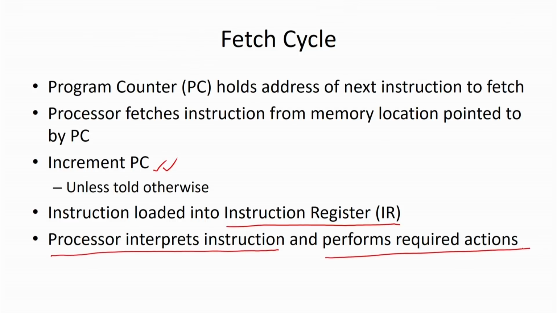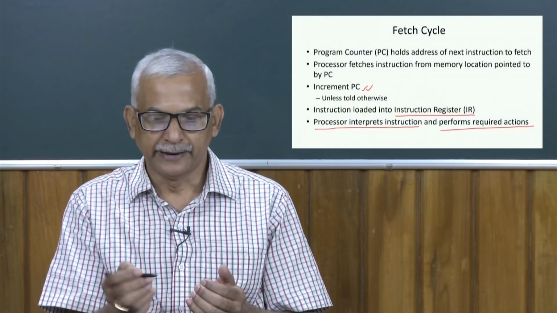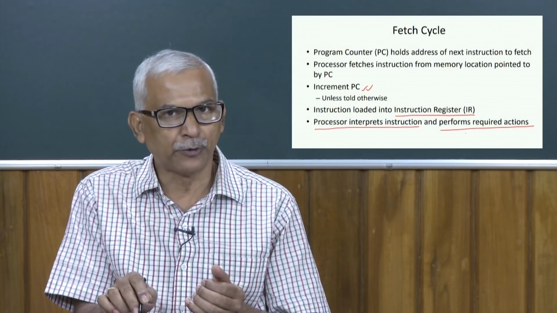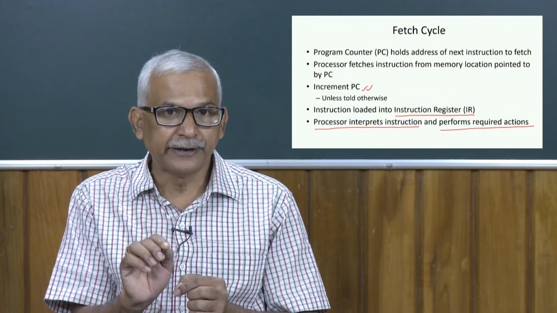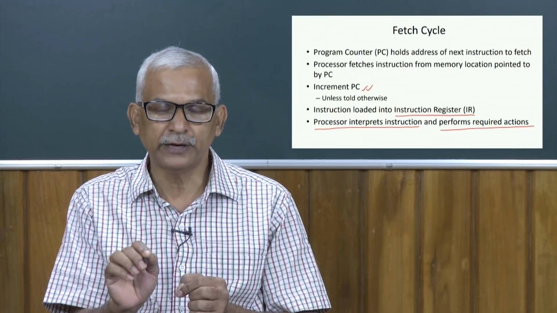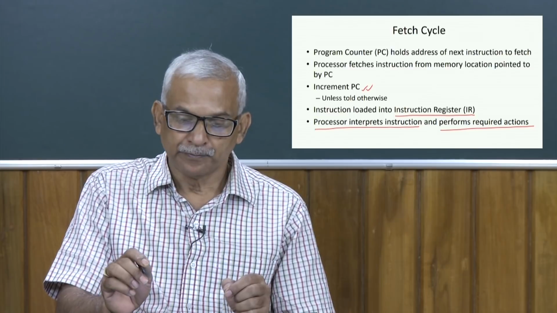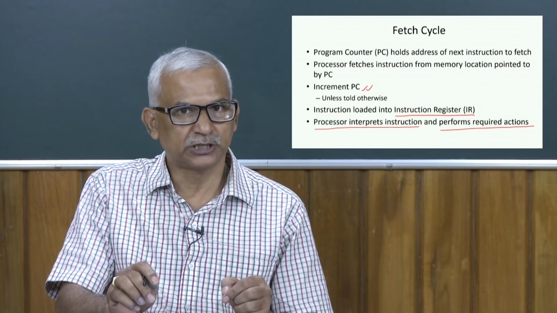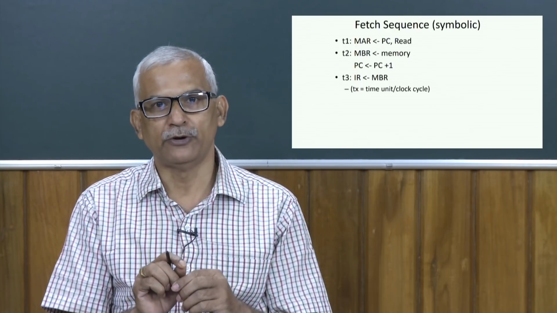For example, if we have to perform an addition operation, the control unit generates the correct signal at the correct time so that the operation can be performed correctly. So, this is the first cycle.